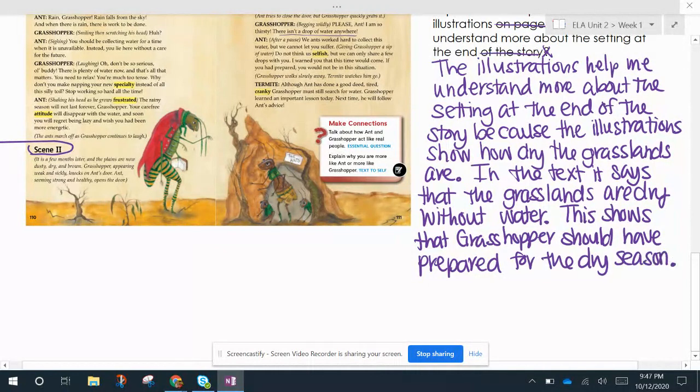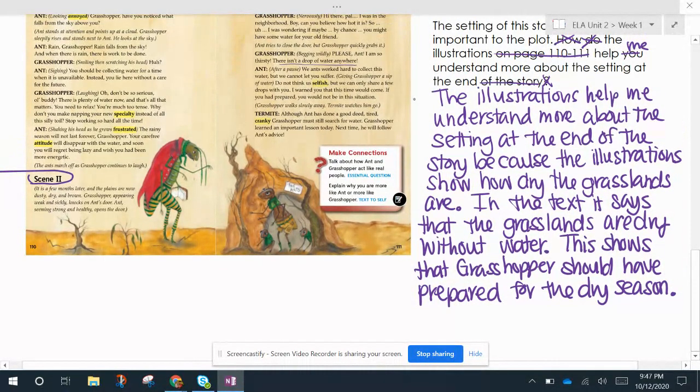Okay, now yours probably won't look exactly like mine, but you should have restated the text just like me. You should have cited text evidence. You could always put the page number or the paragraph number if you wanted. And you should have explained why that evidence was important.